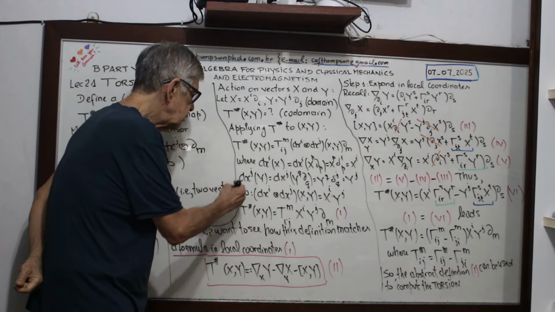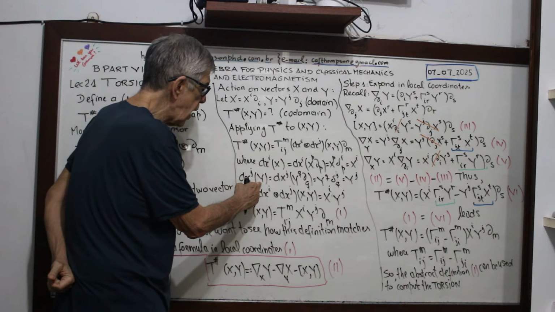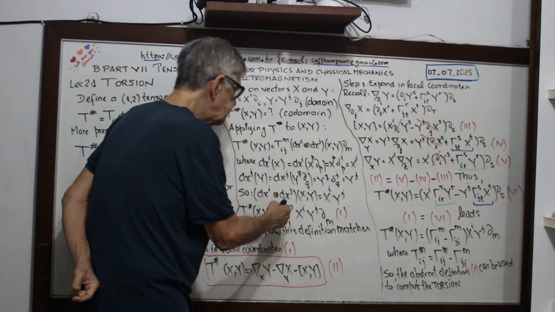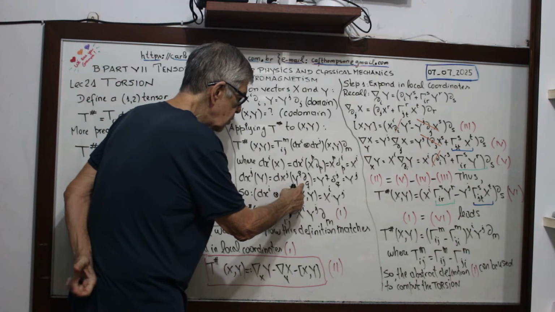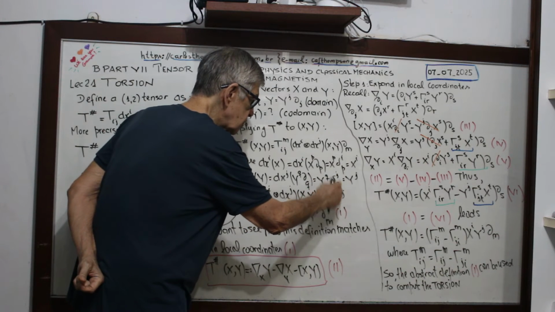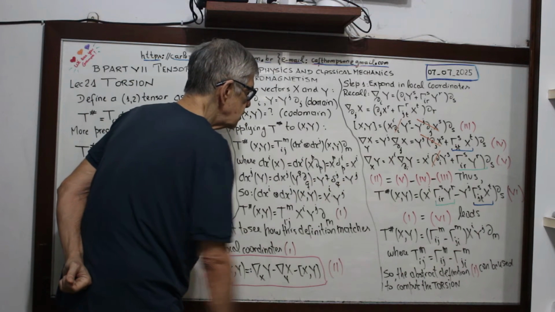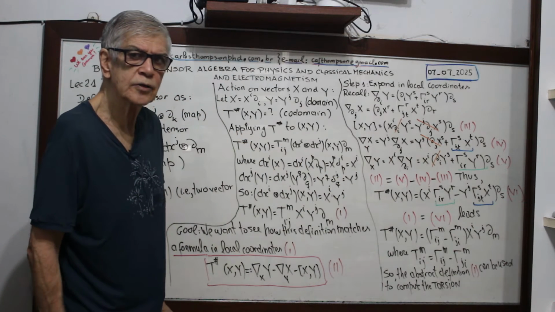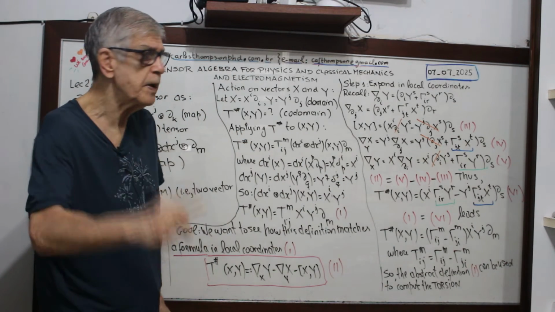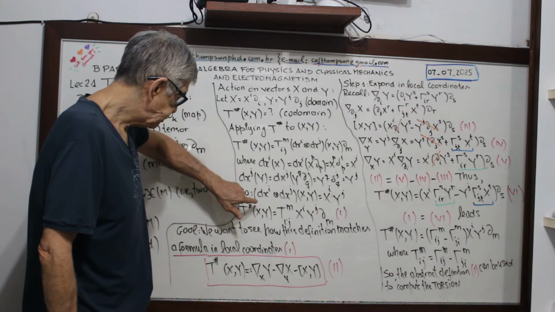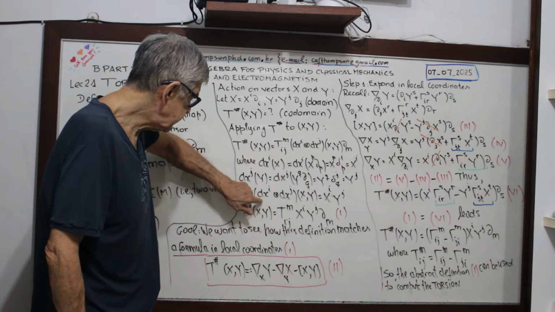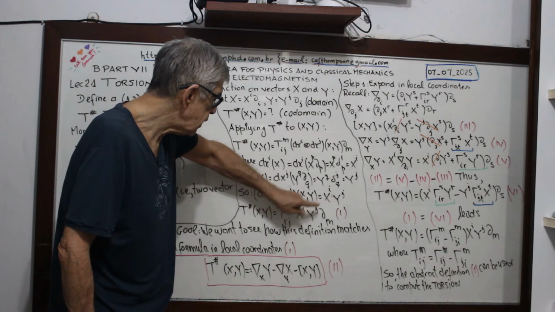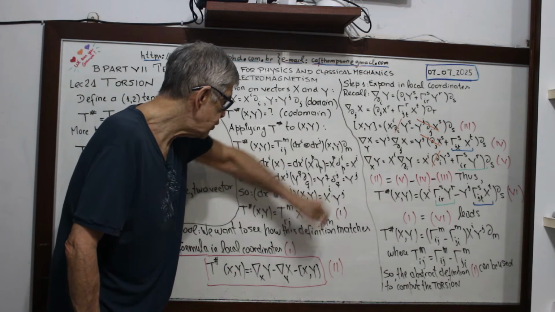The same for dx^j acting on Y, with Y = Y^q ∂/∂x^q. The Kronecker delta acts and leads to Y^j, also a contravariant component of the vector. Now I can group dx^i ⊗ dx^j acting on X and Y as X^i Y^j.